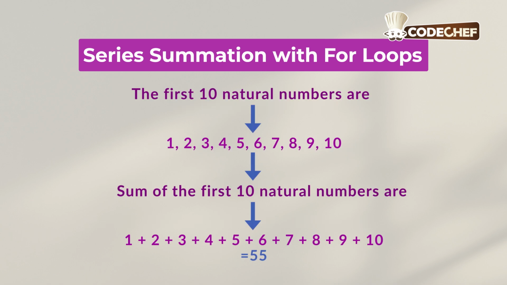Here we can see an example of getting the sum of the first 10 natural numbers using series summation with for loop. Now let us go to the CodeChef platform and see how to perform series summation with for loop in C++.